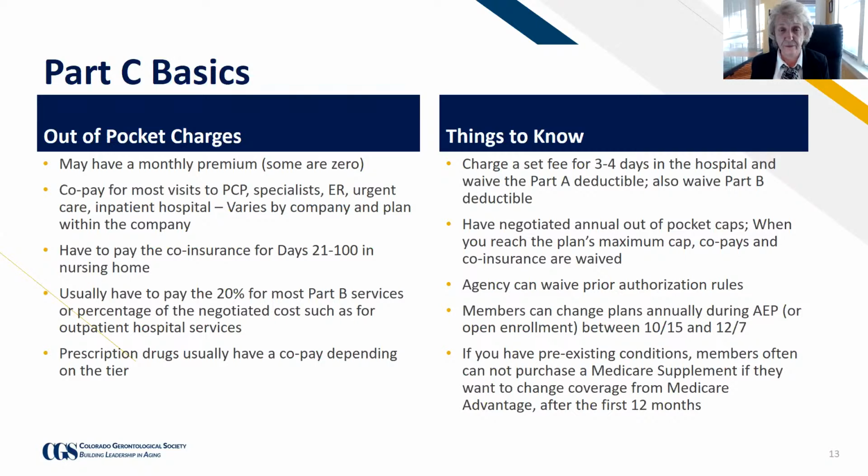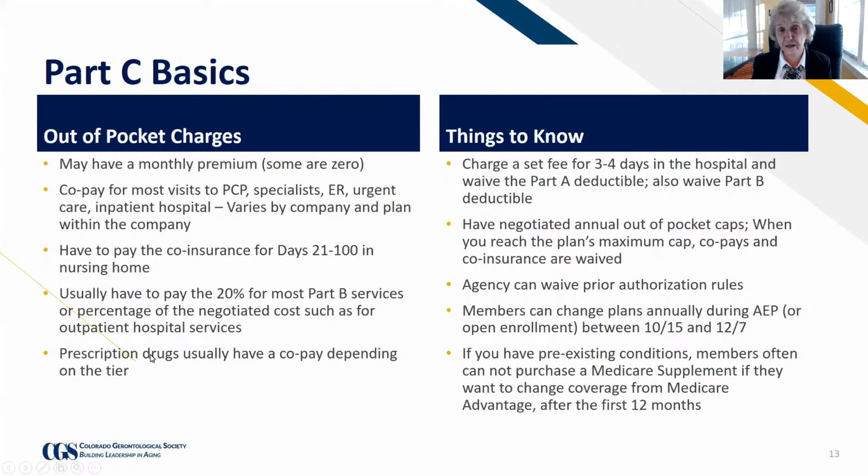rehab. You usually have to pay the 20% copay for most Part B services or the negotiated rate in some instances, such as outpatient hospital services. Some Part B services also have just a flat fee, which comes in up here with the primary care physicians.